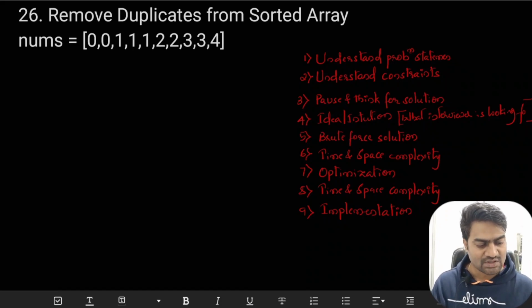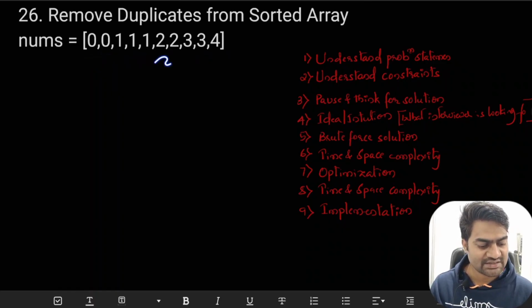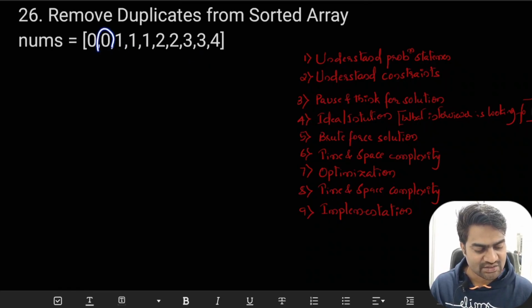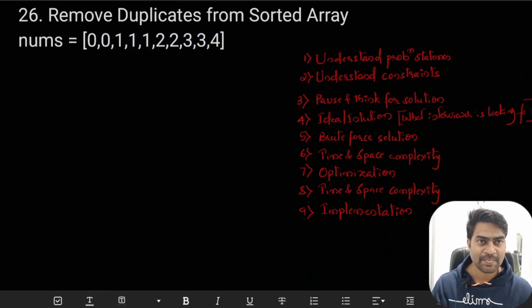So now what they have given is this particular array. It is already a sorted array which is in increasing order, but it contains duplicate elements. As you see, there is 0, there are 1s, there is 2, there is 3, and there is no 4 in the array. So it means it contains duplicate numbers.